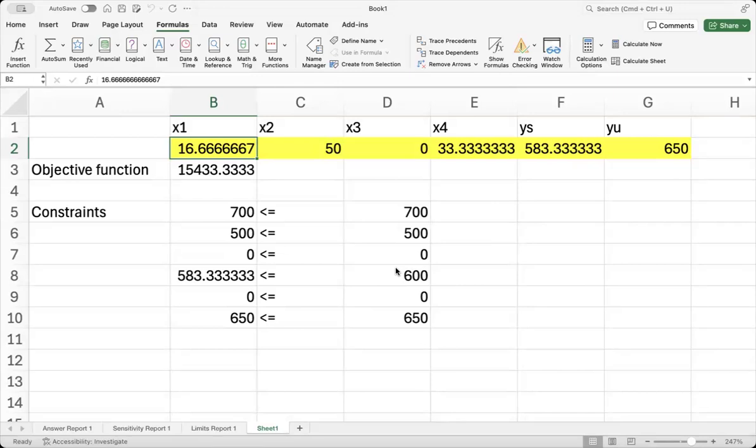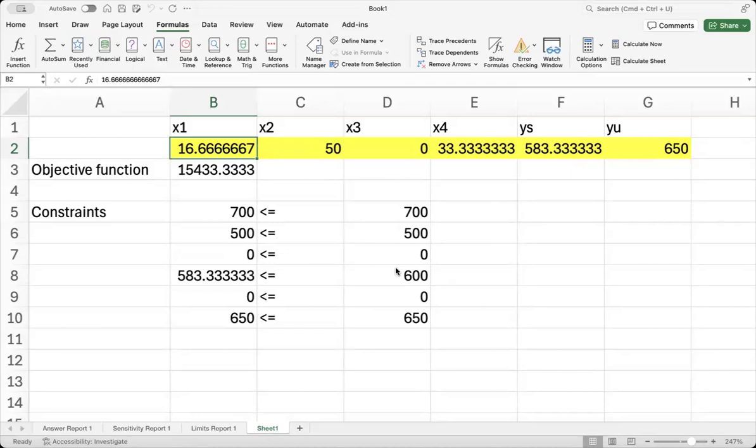The next thing is I'm going to explain about sensitivity reports and answer report. If you solved it with an integer constraint, move it back to remove that constraint.